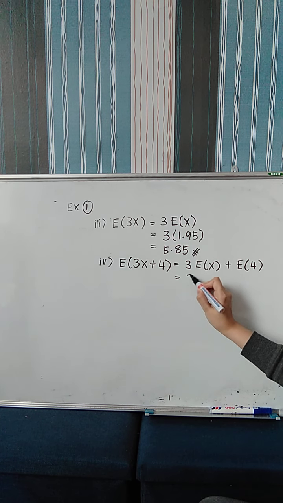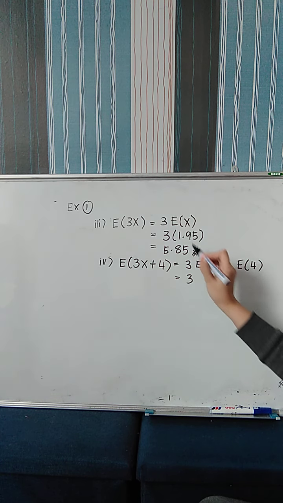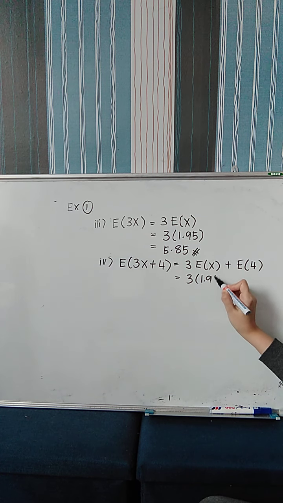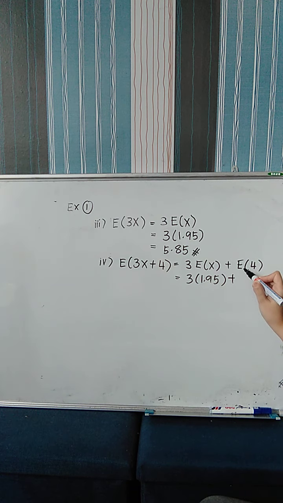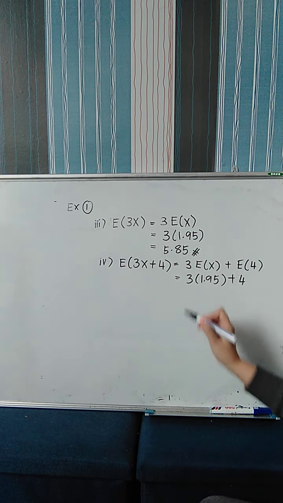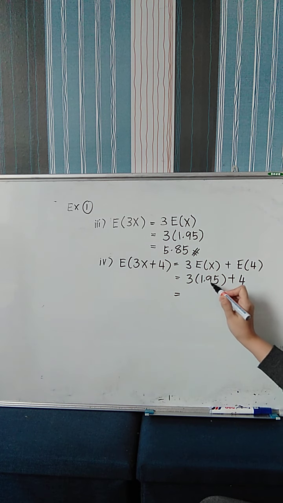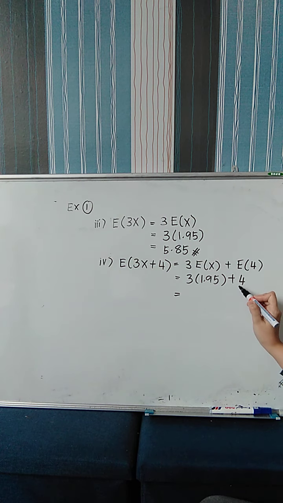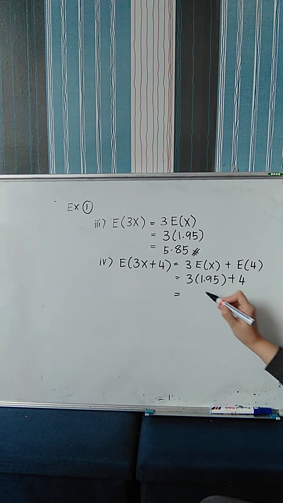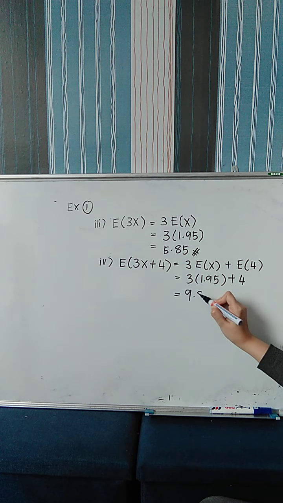So 3 times expected x is 1.95, and expected 4, expected value, becomes 4 only. So 3 times 1.95 plus 4. The final answer is 9.85.